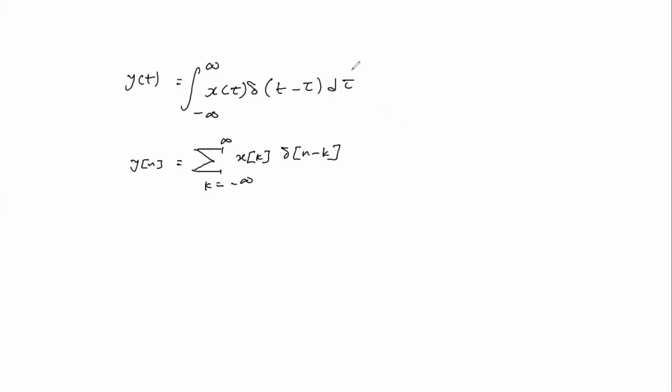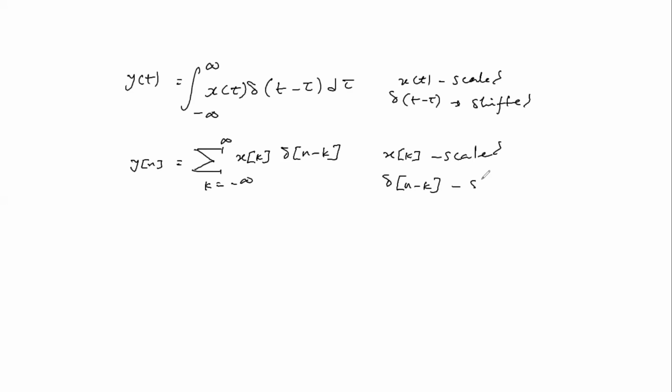Okay, and here you see that s of t is a scaled parameter, the same way s of k is a scaled parameter, and delta of t minus tau is the shifted parameter, and delta of n minus k. That is y of n, the summation from negative infinity to positive infinity.